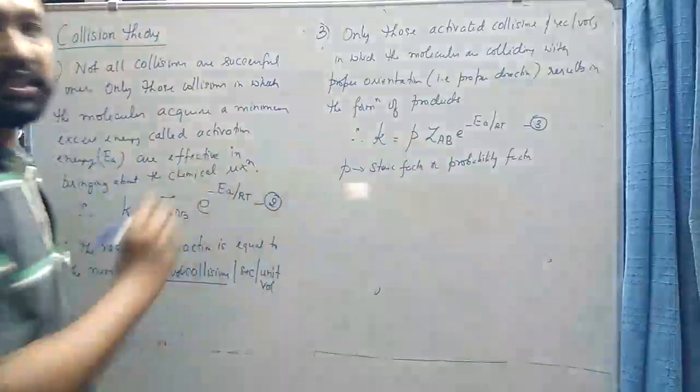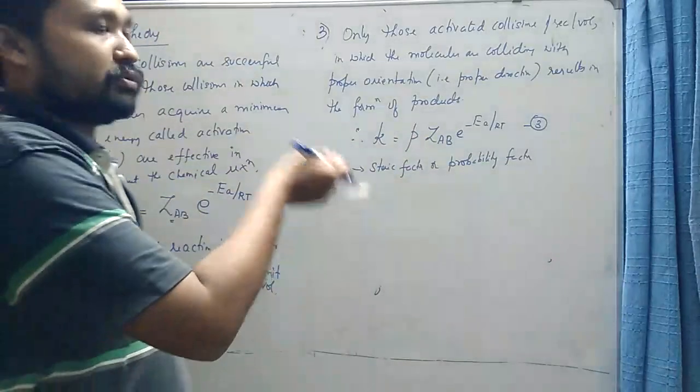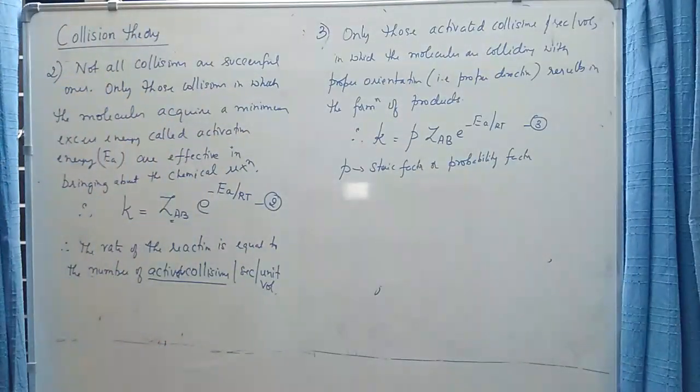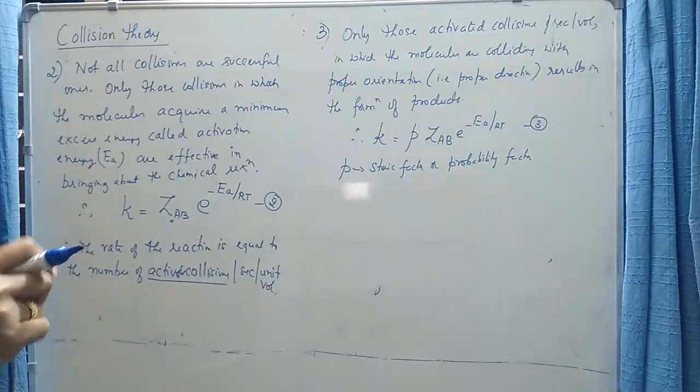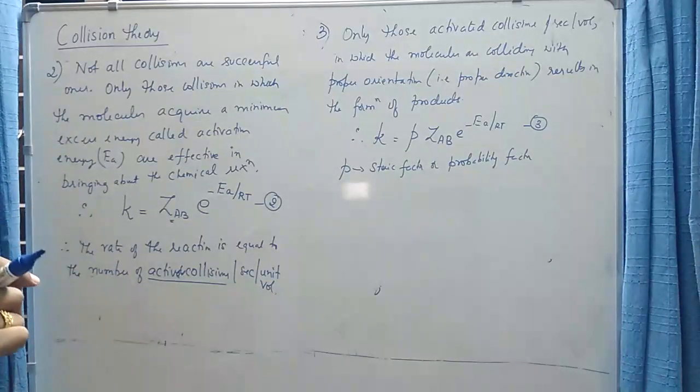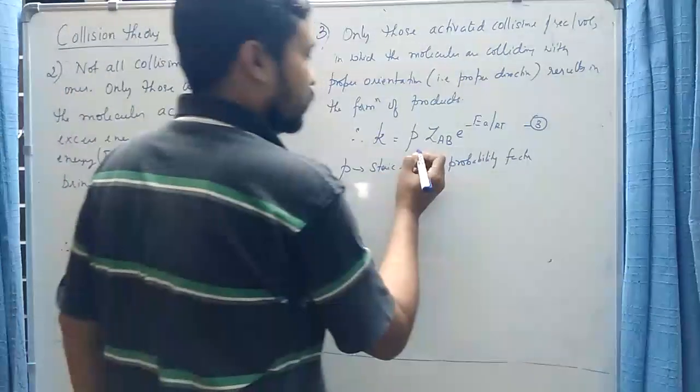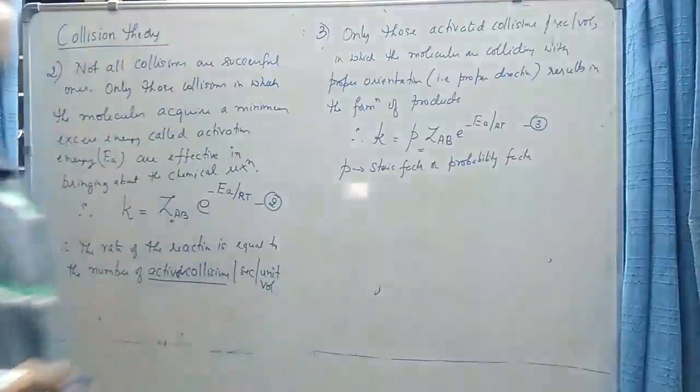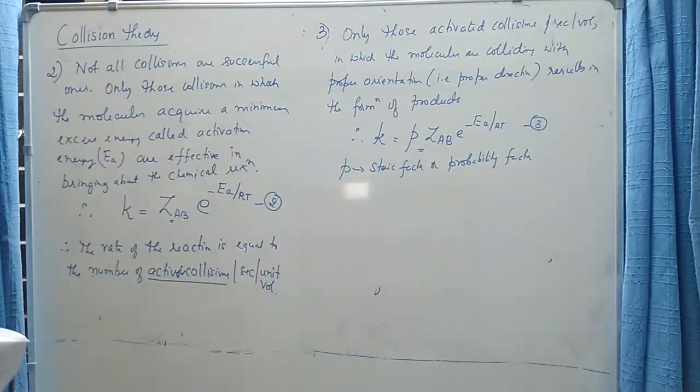So what does equation 3 tell? Equation 3 tells that the rate of the reaction is equal to the number of activated collisions per second per unit volume taking place with proper orientation. So this is the final version of the collision theory. K is equal to P into ZAB into e to the power minus EA by RT.